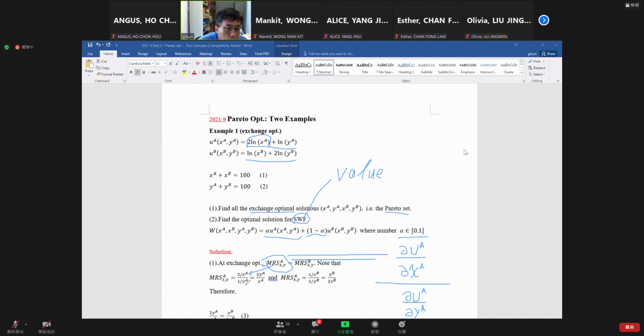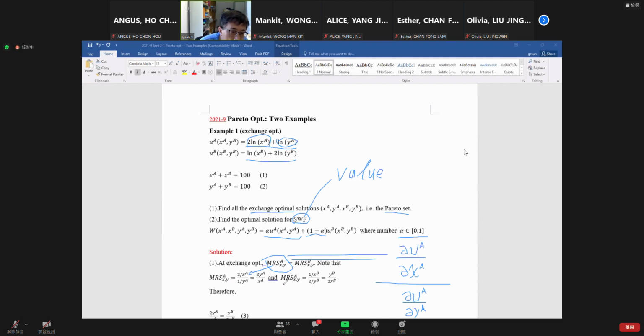Now for the denominator, we calculate the first order derivative with respect to YA, which is clearly 1 over YA. Then we reorganize it in a nicer way: it's 2 YA over XA. Okay, I believe everybody is comfortable with this one.